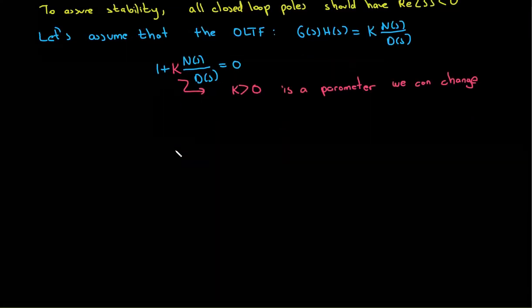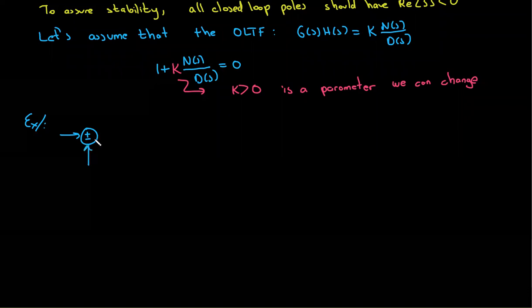Okay. I will show you one example so it will be more clear. So suppose we have the following feedback loop. So we have a proportional controller K over here in this example. And our plant has the transfer function 1 over s times s plus 2, sorry.